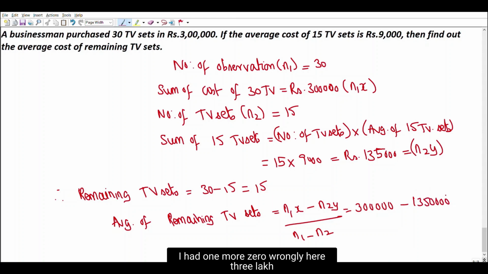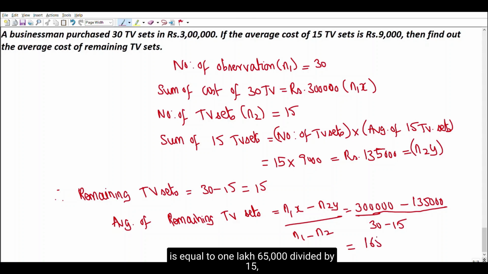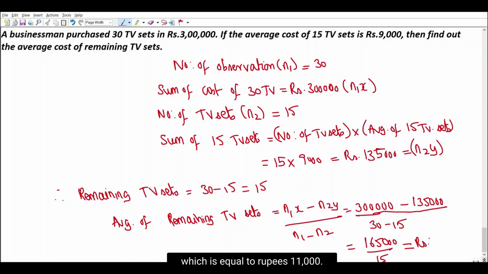I have added one more zero wrongly here. 3 lakh minus 1 lakh 35,000 divided by 30 minus 15, which is equal to 1 lakh 65,000 divided by 15, which is equal to rupees 11,000. Therefore, the average cost of the 15 remaining TV sets is equal to rupees 11,000.